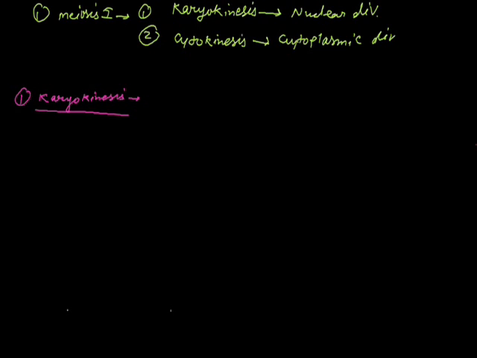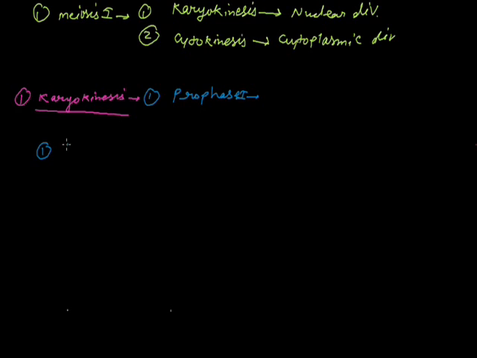Karyokinesis is further divided into four substages. The first one is prophase first. Prophase first is further divided into five substages.